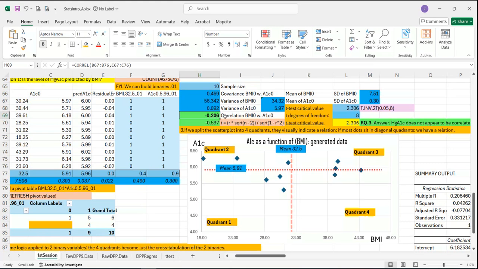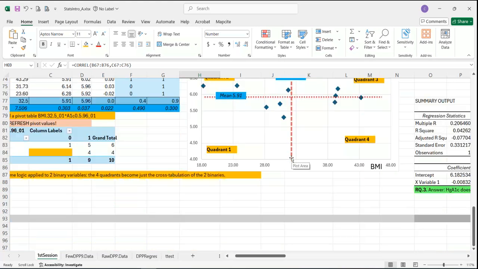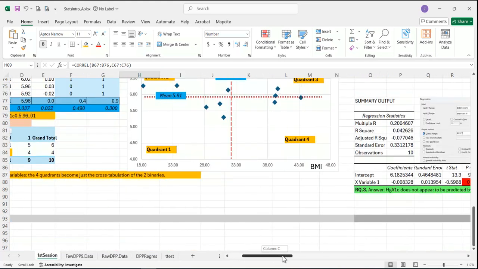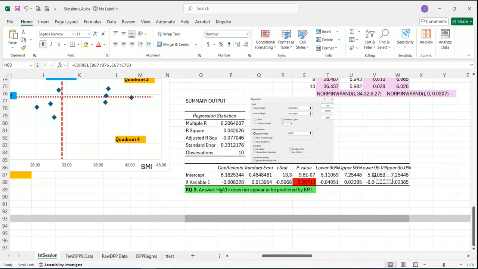So even though this appears to be a sizable number, 0.2, in a range of -1 to +1, it's not that small. It is smallish. It's not actually significantly different from 0.